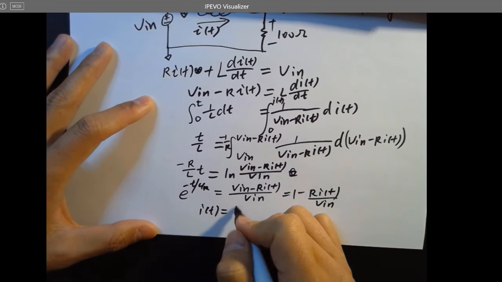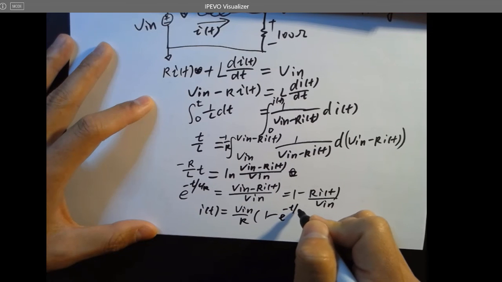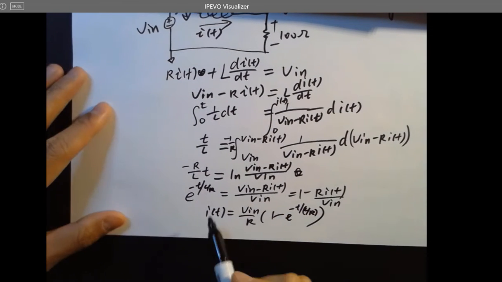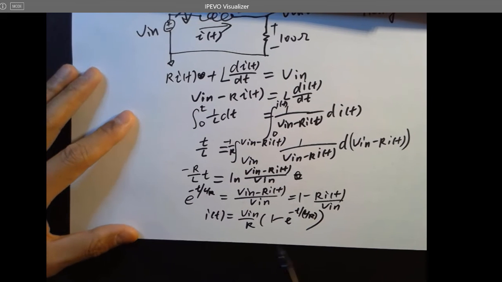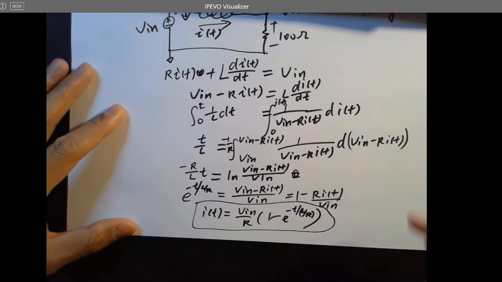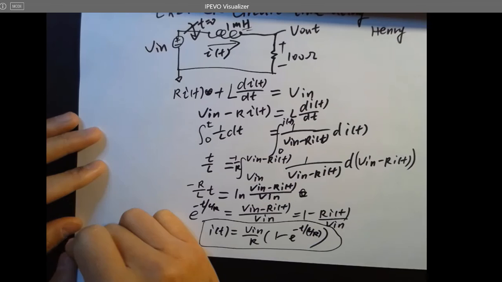So it will be V in over R times 1 minus e to the minus t over L over R, right, which is a time constant for the LR circuit. So that is literally the LR circuit's equation to describe I(t). It is pretty similar to whatever we got in the last example.